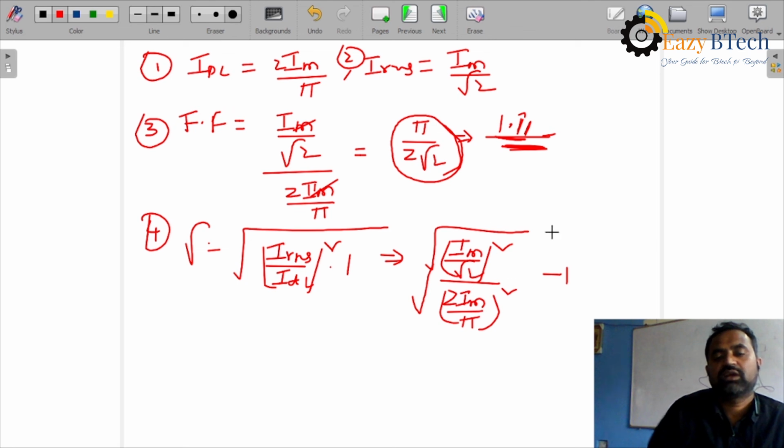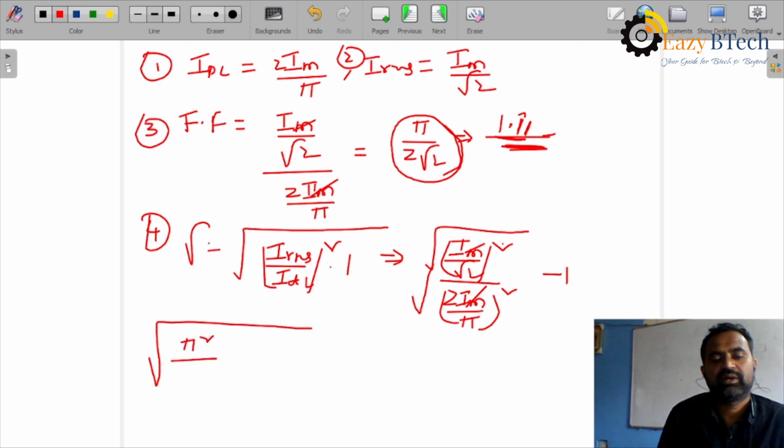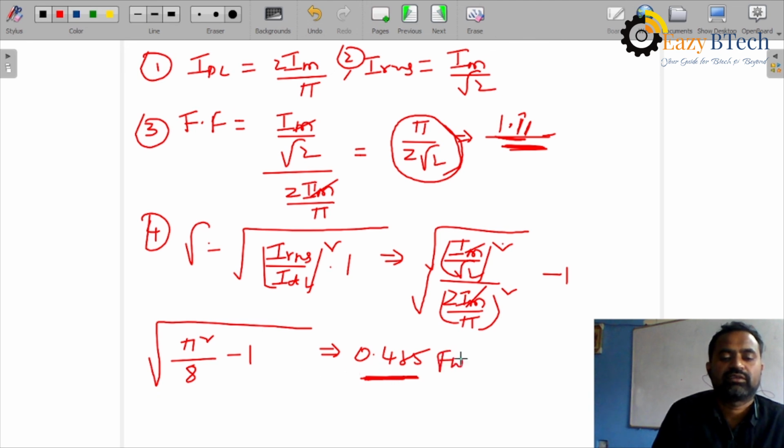By substituting this value, you will get this Im square cancelled. Okay, what will you get? Under root pi square by 8 minus 1, this you will get 0.485. This is the ripple factor for full wave rectifier.